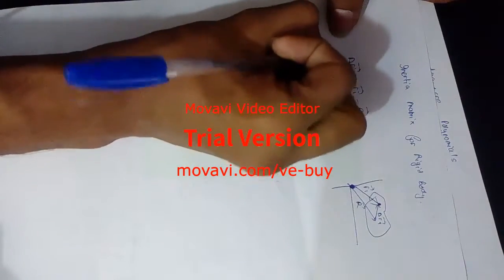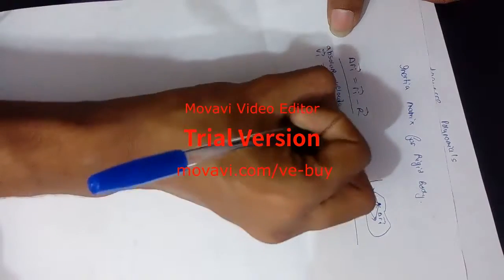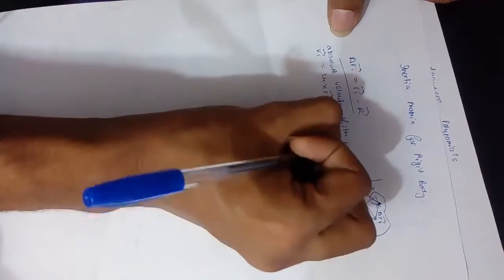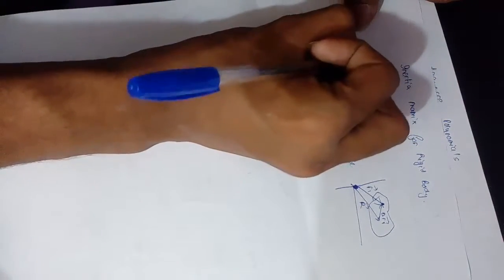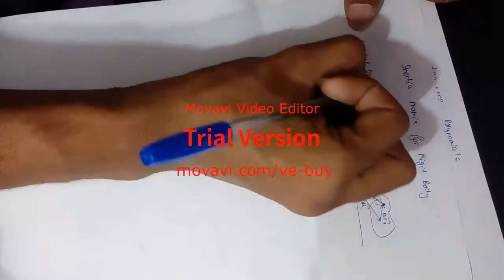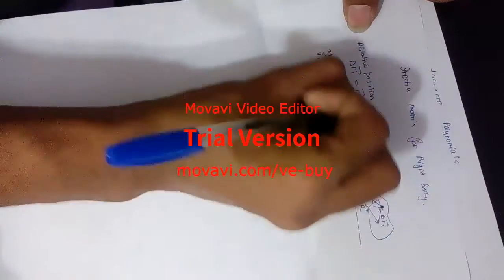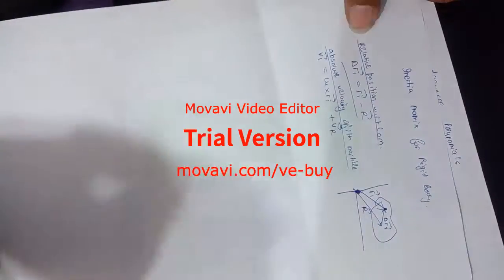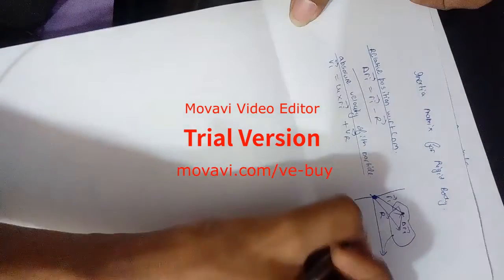This is the absolute velocity of the ith particle, and this is the relative position of the ith particle with respect to the center of mass. Consider this rigid body to be a collection of n particles, i from 1 to n.